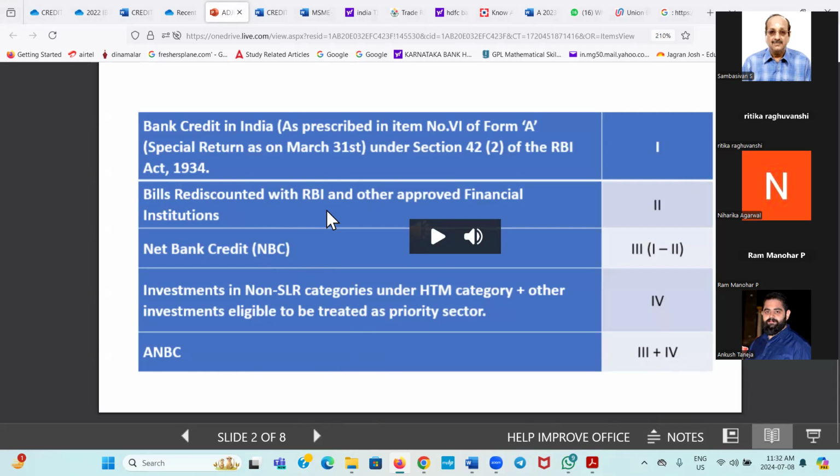Then bills rediscounted with RBI and other approved financial institutions is 2. So the net bank credit will be 1 minus 2. Then the investments in non-SLR categories under HTM category plus other investments eligible to be treated as priority sector is 4. So now ANBC is 3 plus 4.